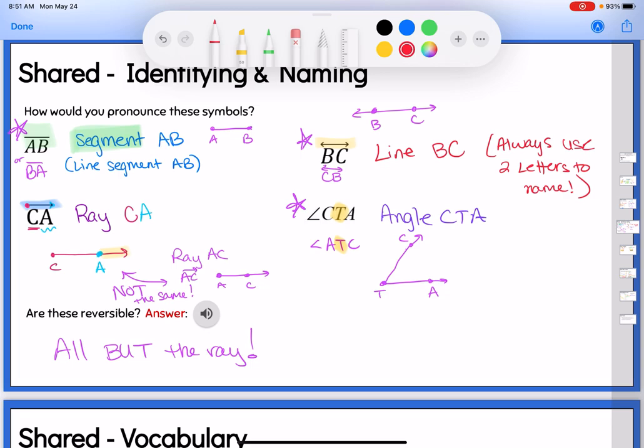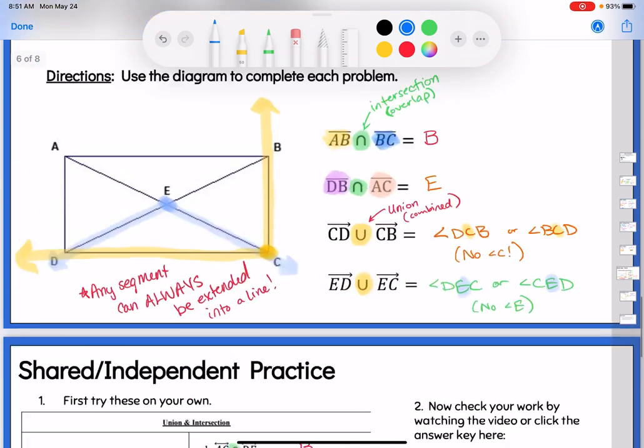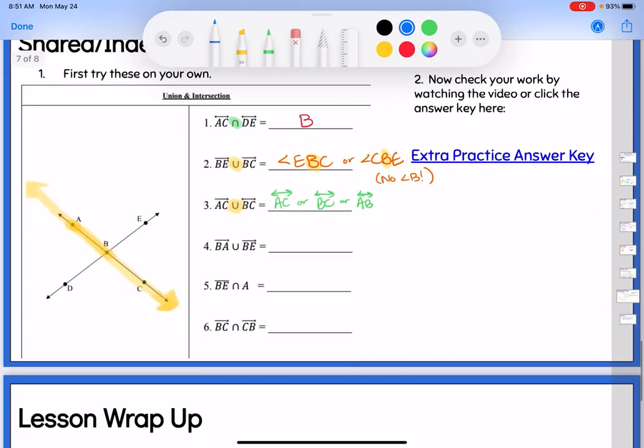We always use 2 letters to name it, okay? So we wouldn't say line ABC. Just 2 letters, right? Pick any 2 letters in any order, and you got it. Make sure you got the arrows on the ends, though, right? Got to have the arrows to make it a line.